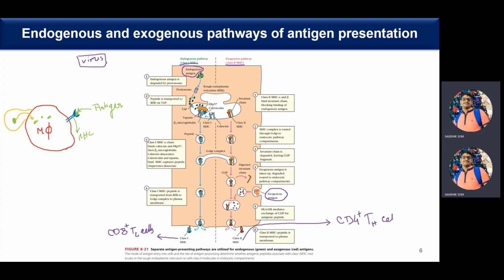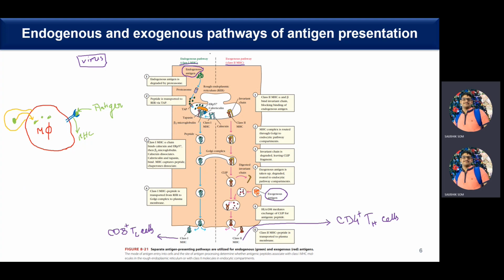So this is a very general phenomenon. Of course, there are certain exceptions to this, but this is the overall pathway.